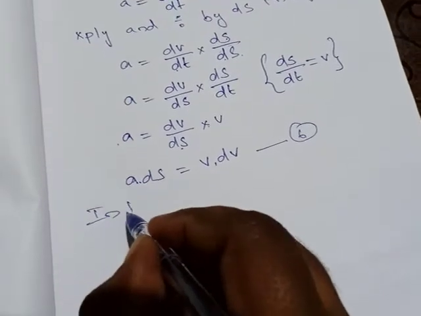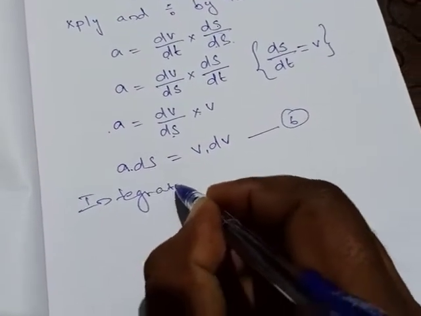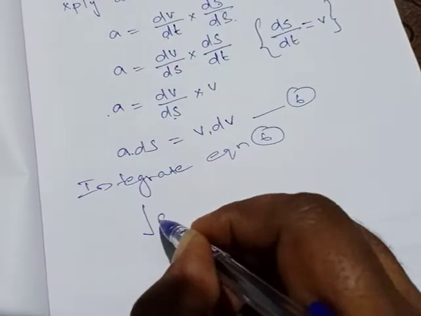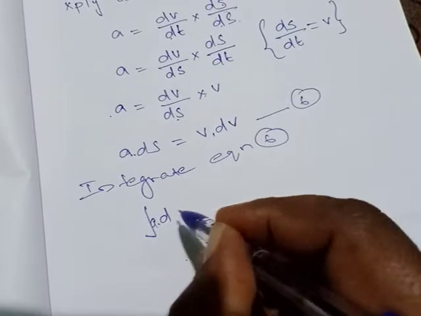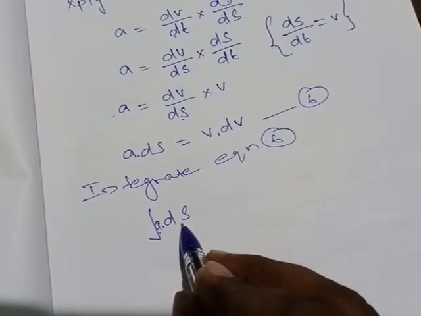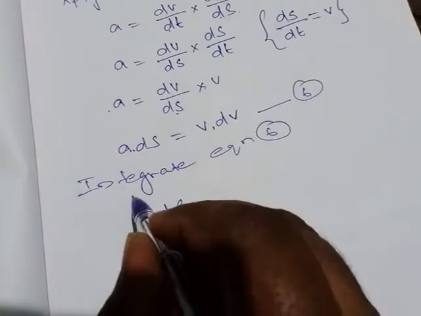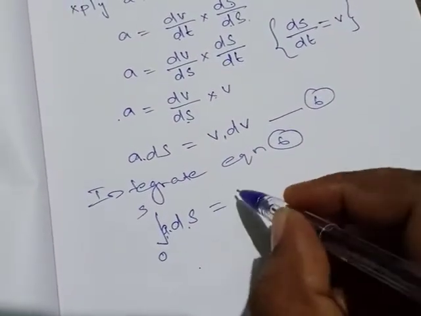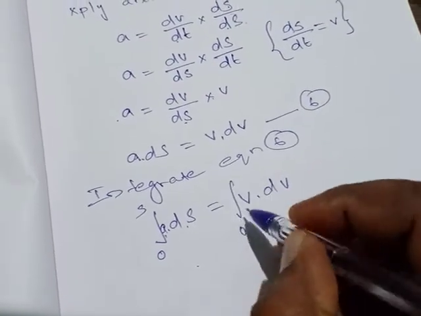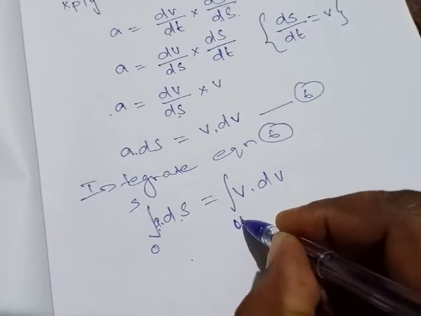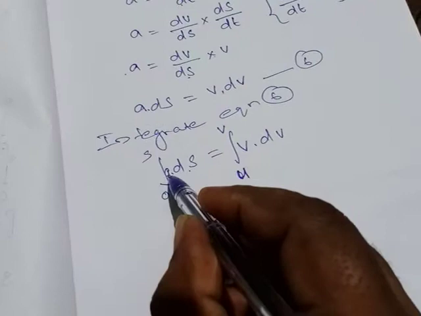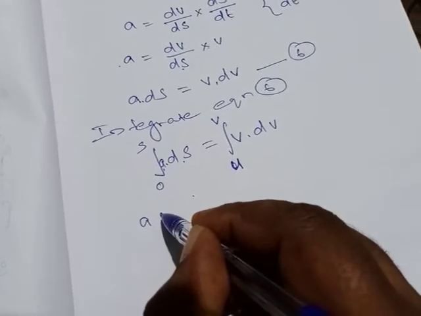So integrate equation 6. Now a ds. Here a is constant, no need to integrate, only ds is integrating. So 0 to s equal to v dv. Here the limit is not 0 velocity. So initial velocity is u, final velocity is v. Now here a is constant, take it outside.